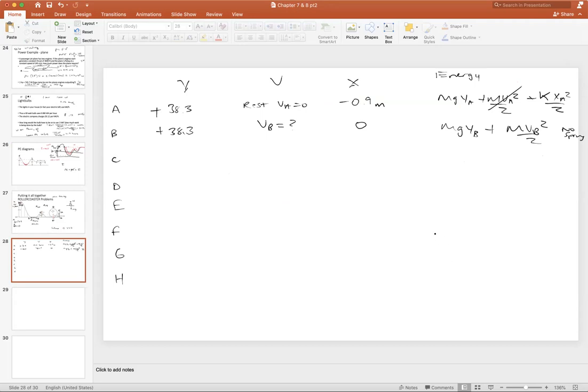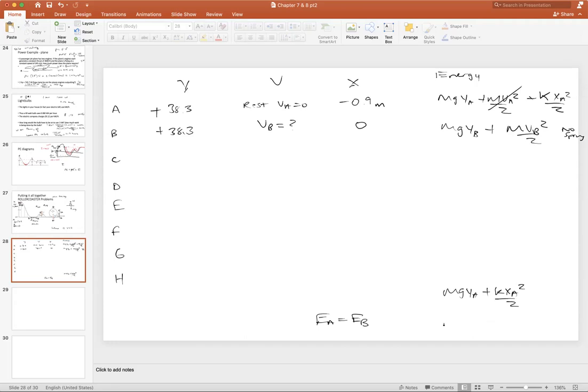And now I want you to look at something that I didn't really talk about before, but we know that the total energy at A is equal to the energy at B, assuming no non-conservative forces. The energy at A is mgyA plus kxA squared over 2.